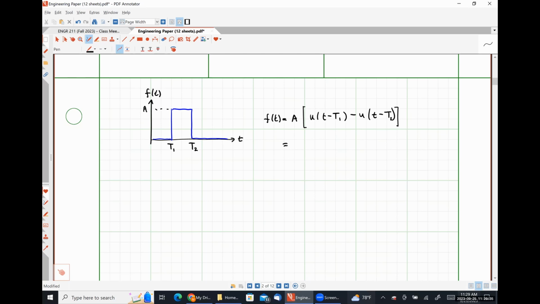Just for simplicity's sake, I'm going to call this a u of t minus t1 minus a u of t minus t2.